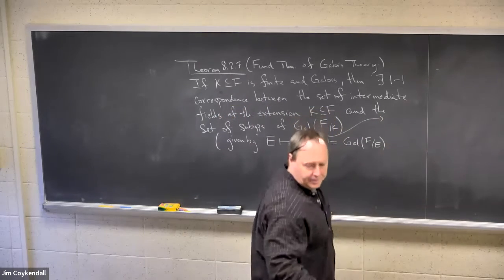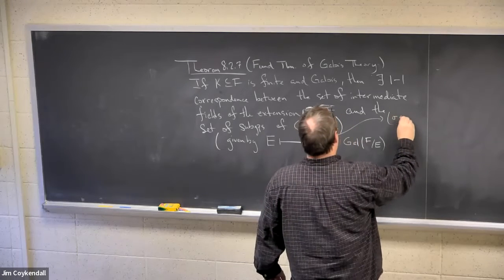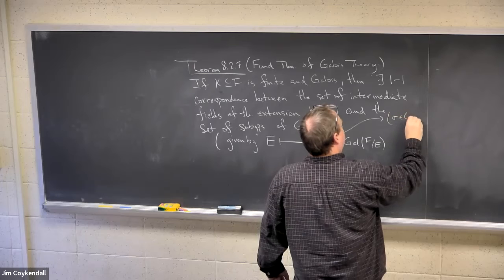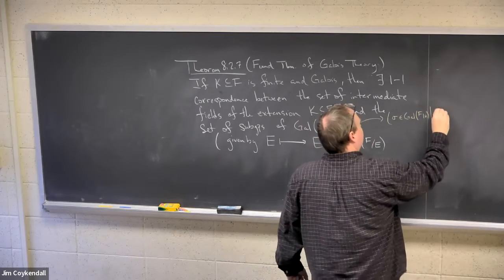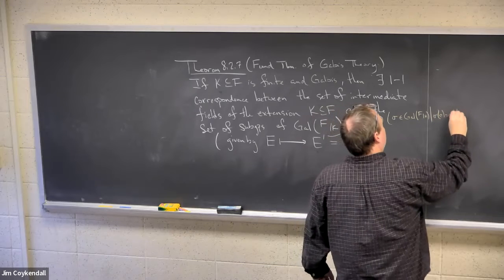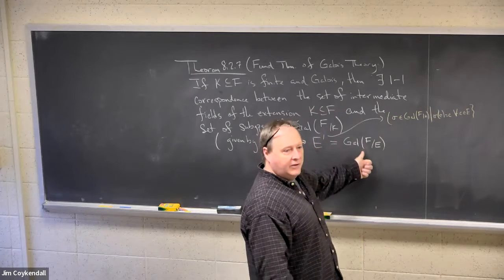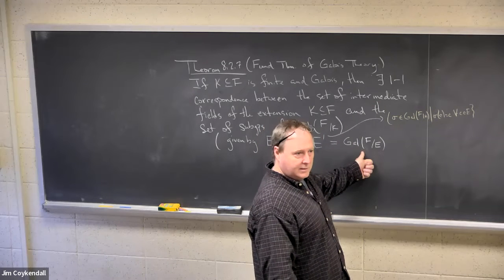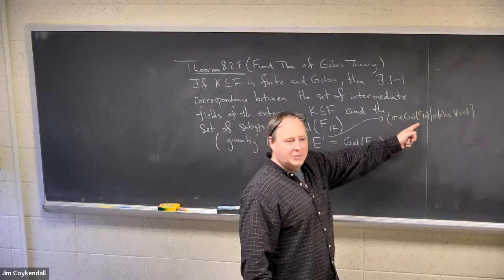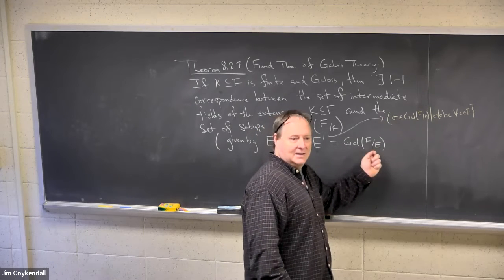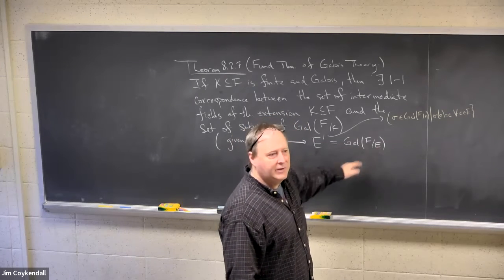E prime is the set of sigma in the Galois group of F over K such that sigma of E equals E for all E in E. So it's the set of everything that fixes E. Agree? And that's exactly what it needs to be, the Galois group of F over E, because these are the automorphisms of F that not only fix K, they fix E. Right? So this is what it means. Galois group of F over E, that just means E is the fixed field.